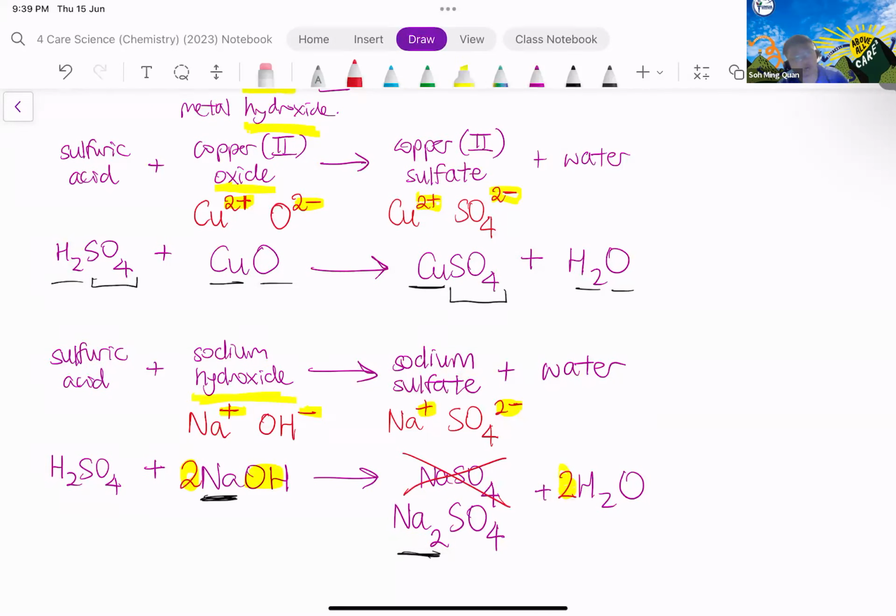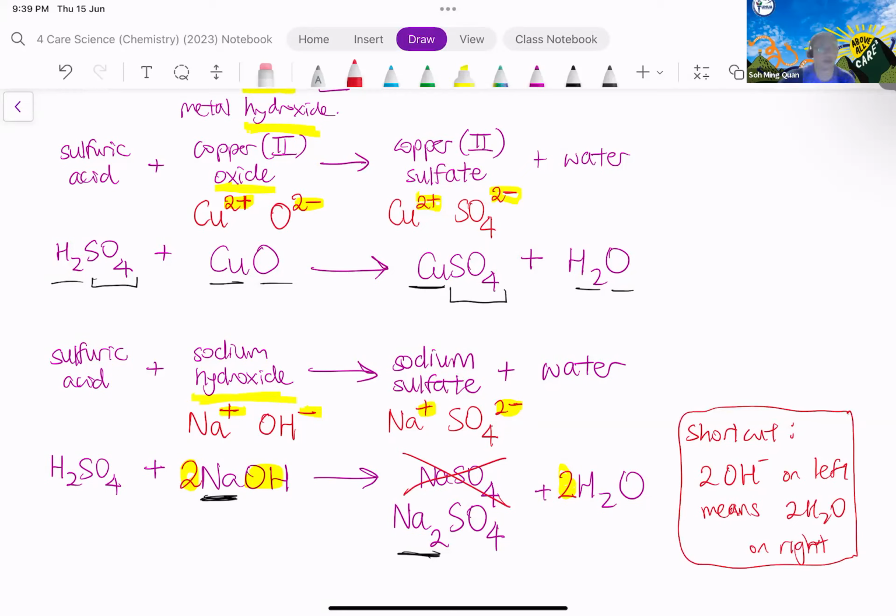So this is a trick, a shortcut. 2 OH on the left means 2 H2O on the right. If it helps you balance it faster, you may want to use this shortcut. And this is balanced already. The moment you know that you need 2 NaOH, and because of that, you have 2 OH minus on the left, therefore you have 2 H2O on the right. So this is a shortcut that could help you remember better.